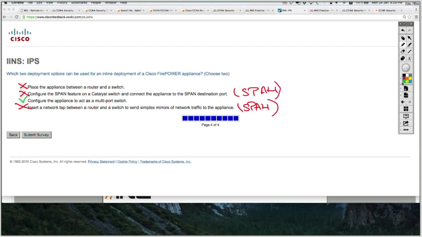So it actually means that the first option is correct, or should be. And again, it's an unfortunate answer from my point of view, because yes, this is achievable if you have the router, and then the switch. It is misleading, of course. And you put the Firepower appliance in between.